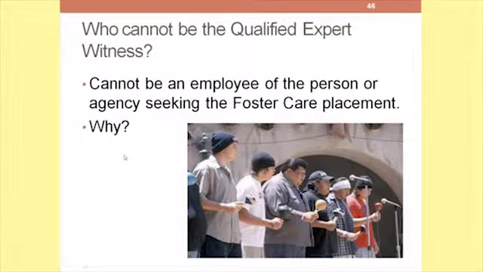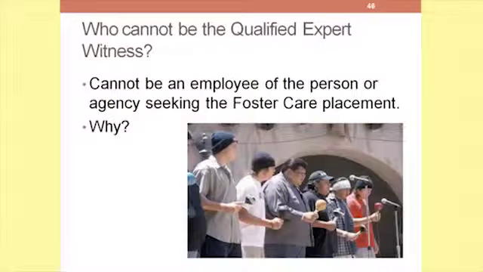Okay, so what we're really clear about is who cannot be the qualified expert witness. The qualified expert witness cannot be an employee of the person or agency seeking a foster care placement or termination of parental rights. And I put on there why. Why can't it be that person? Well, because it would show bias, basically.